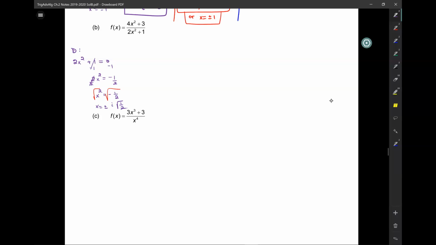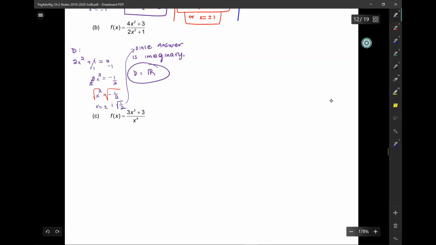Okay, let me write that down. Since the answer is imaginary, domain is all real numbers. Okay? What we wrote as x equals plus or minus i root 1/2, even though isn't i the square root of negative 1?